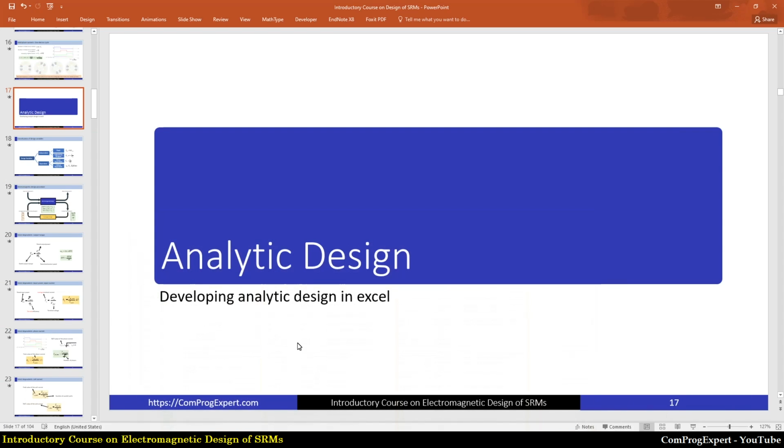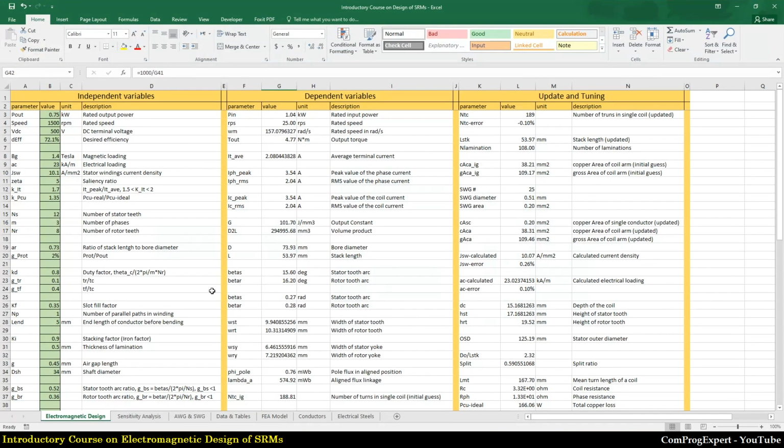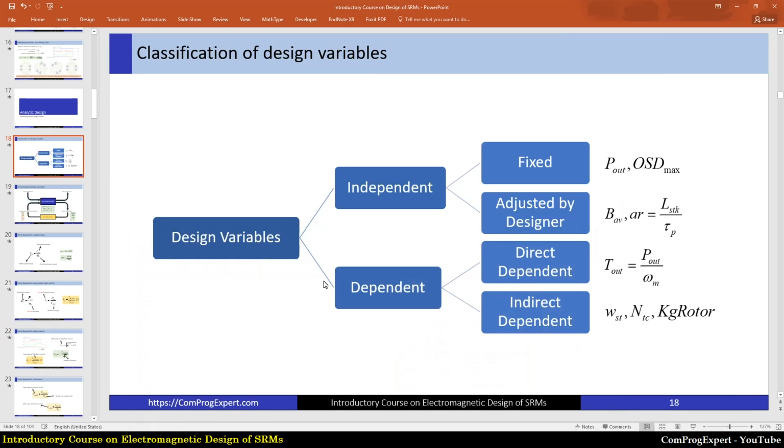So, like other courses, I categorized the variables in this Excel file in separate columns, right? Design variables are divided into these two categories, independent and dependent, and we have these variable types.